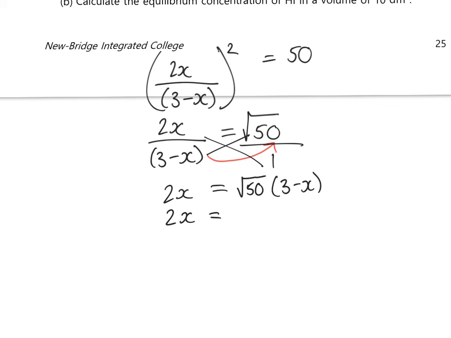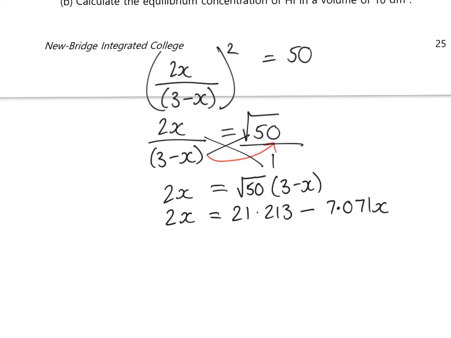Square root of 50 is 7.071, something like that. Multiplying everything inside the brackets by the square root of 50, I get 21.213 minus 7.071x. I want my x's together, so what am I going to do now?